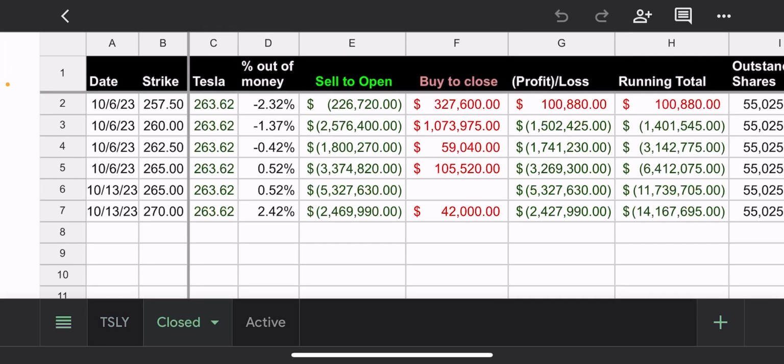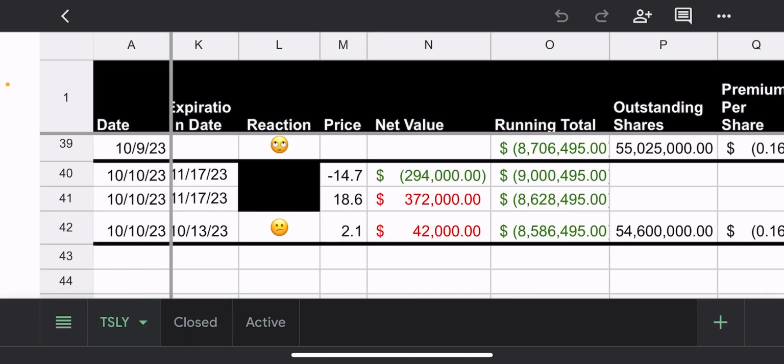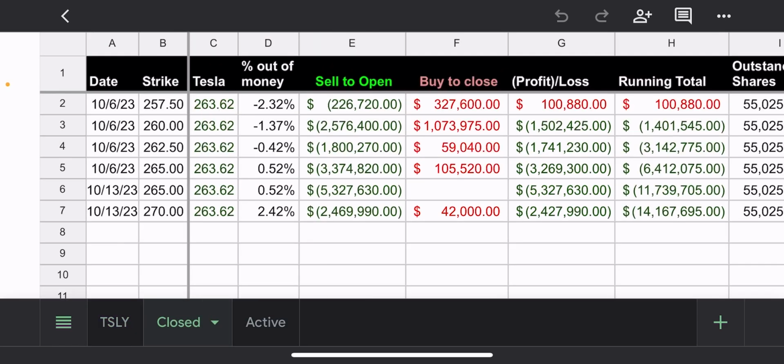Let's check out the closed positions. If you look, the 270 short call that expires this Friday, I added the 42,000 debit, which we got from the bottom transaction. As you can see, 42,000 debit, because that'll go against the $2.4 million credit that we made when we opened it. So that's all that I can add to this as of right now.